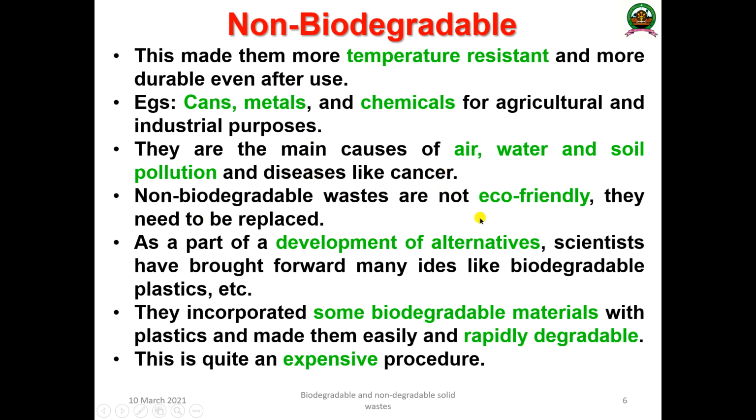Non-biodegradable waste is not eco-friendly and causes many problems, so it needs to be replaced by standard methods. As part of developing alternatives, scientists have tried their level best to put forward many ideas like biodegradable plastics, obtained from microorganisms.